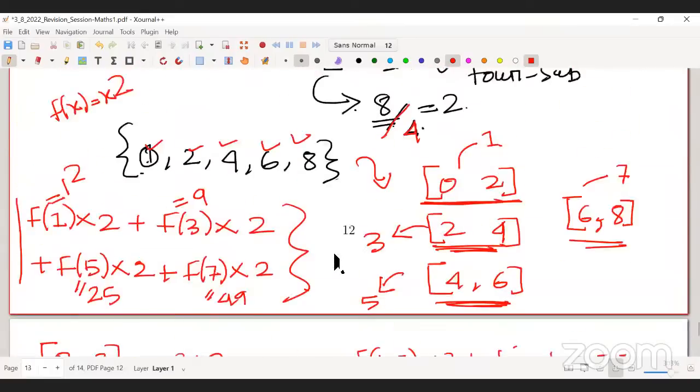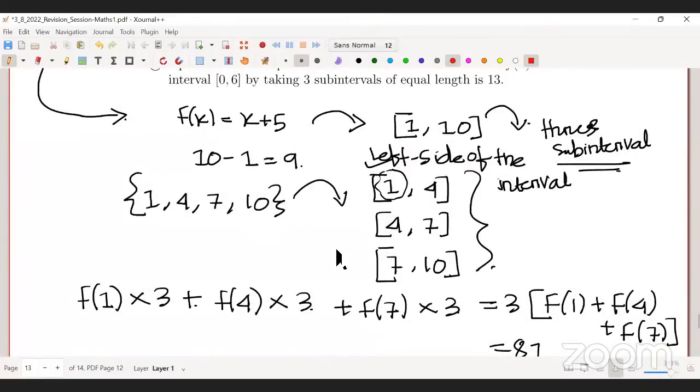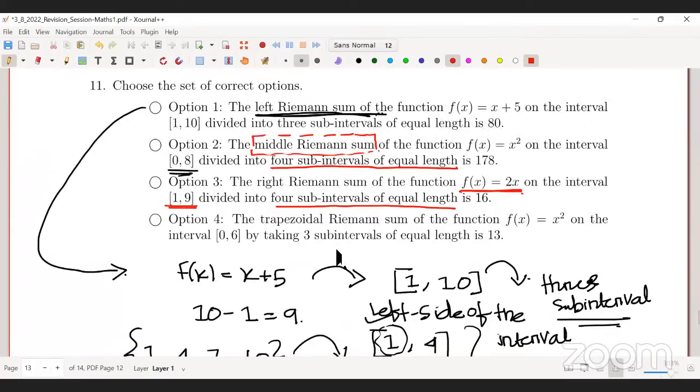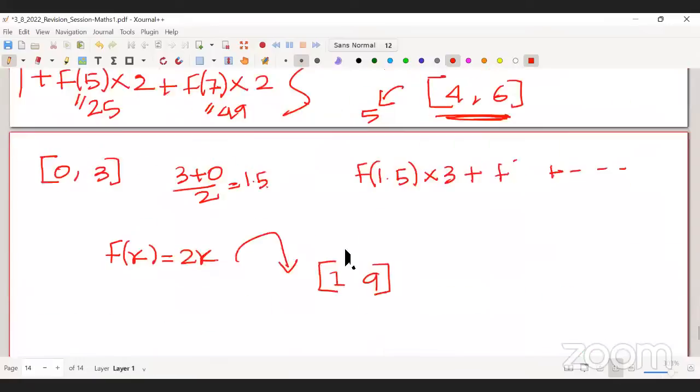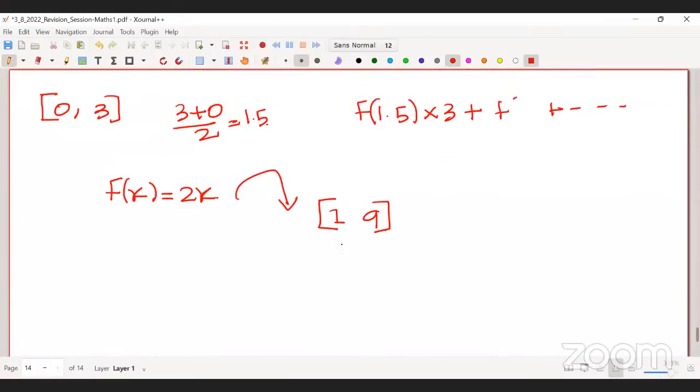So you need to divide this interval into 4 subintervals of equal length. What is the length? 8 by 4.